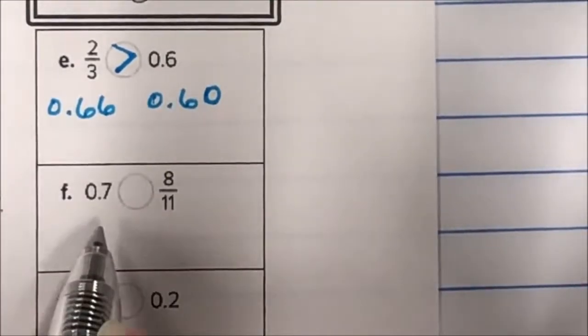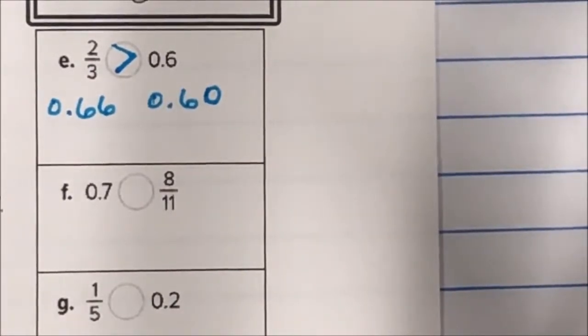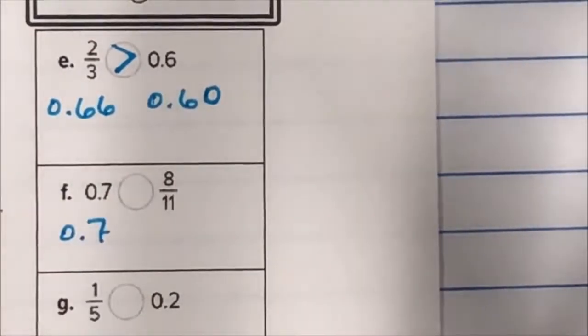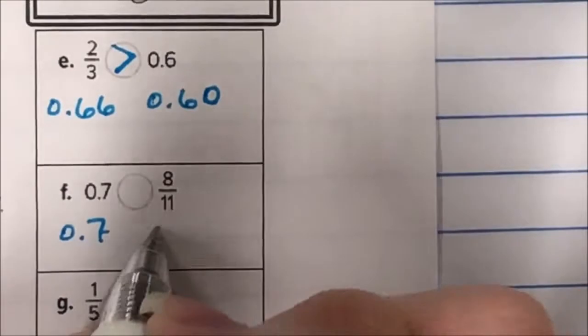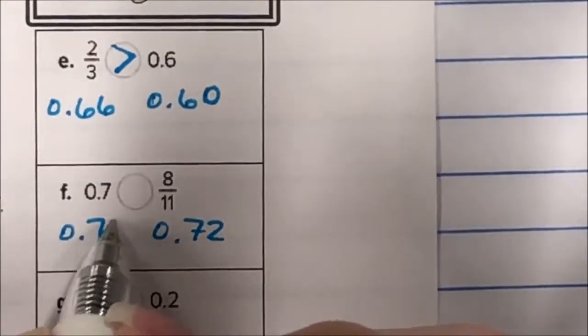Okay? Letter F says 0.7 and 8/11. So I'm comparing 0.7 and 8/11, which is 0.72 repeating. I'm going to annex a 0.